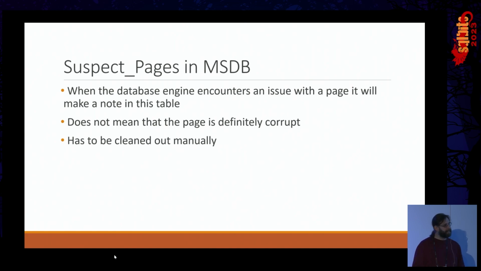Now, it doesn't clean this out automatically, but you could put monitoring on this, and it would trigger an alert through PagerDuty or whatever your notification system is, when a new entry is put in that table. Because then you can go and validate that it either is or is not corruption, but then you have to clean out the table yourself.